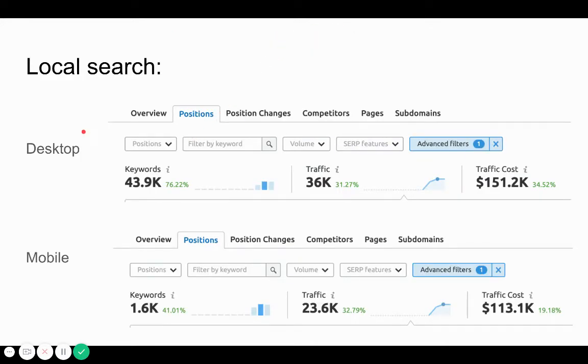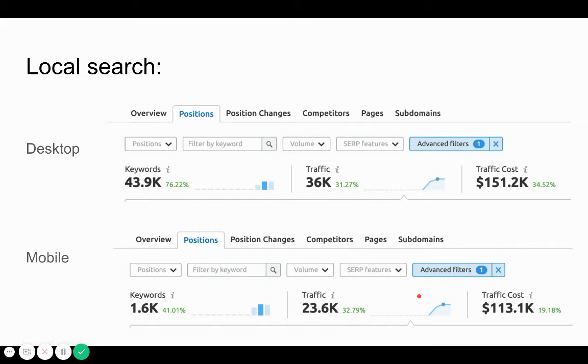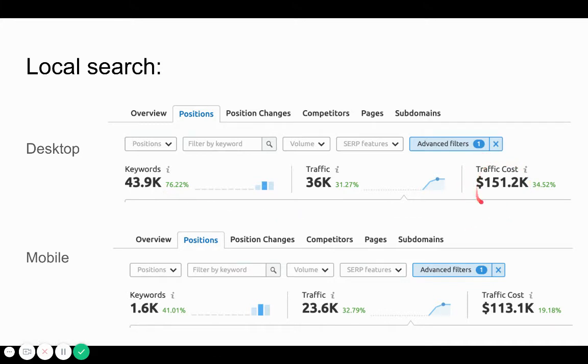So for their local search, they are getting about this much on desktop each month, and this much on mobile each month. Combined, you will have a number, and a number of keywords. And this is the money: if they ran PPC in order to get this amount of traffic, they would need to spend this much money.